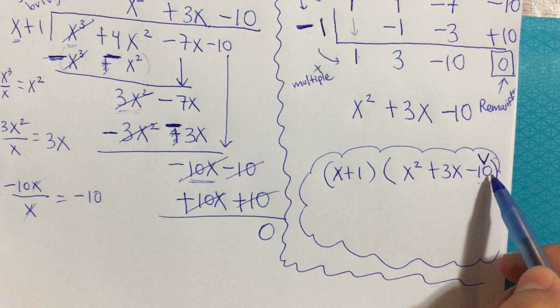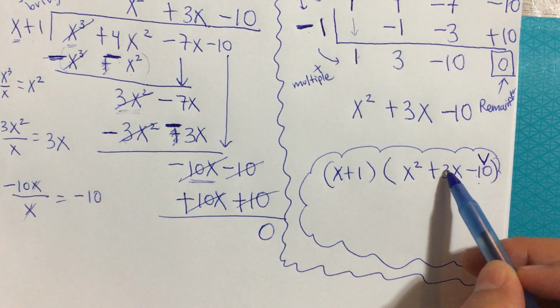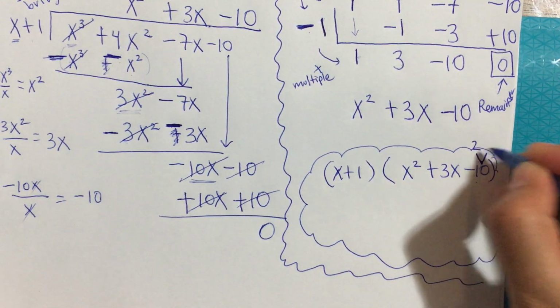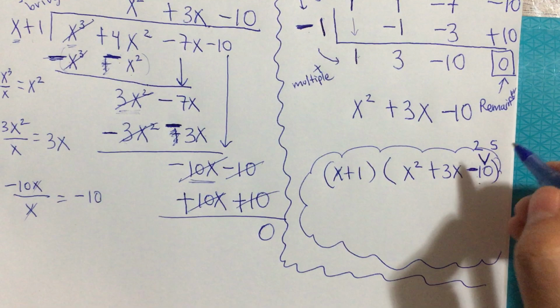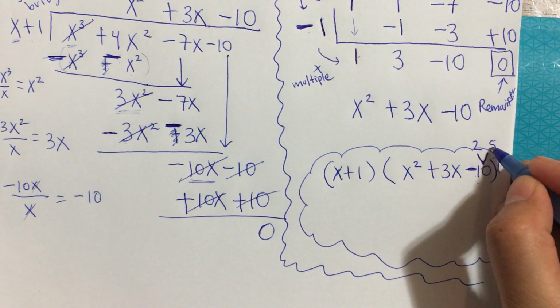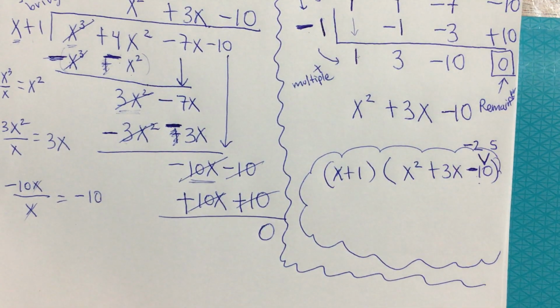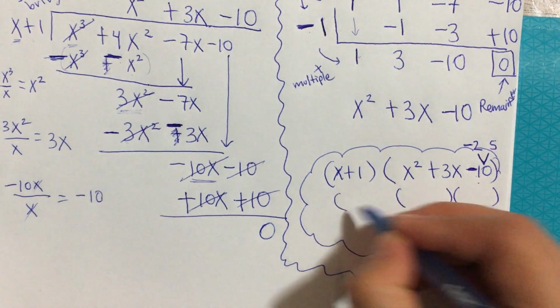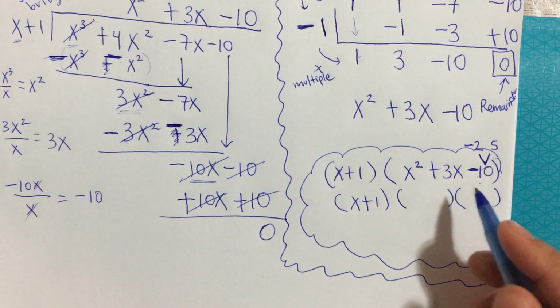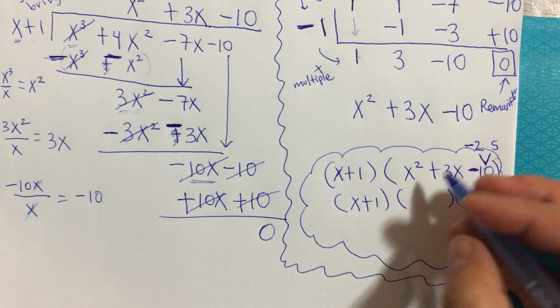2 factors of -10, but when you subtract them equals 3, well, that will be 2 and 5, but one of them has to be negative and you have to subtract them. Since this is positive, that's the biggest sign, so that means that the other one is negative. Again, this is just extra, just factoring completely, basically.